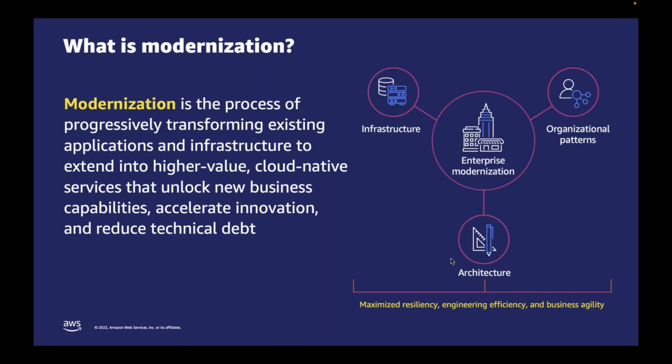Here at AWS, we like to think of modernization as a journey that includes enterprise compute, infrastructure, architecture patterns, people, and process as well. And ops, it's an operations and governance paradigm shift, right? The main goal of this shift is for maximum resiliency and efficiency, so your business can innovate faster.